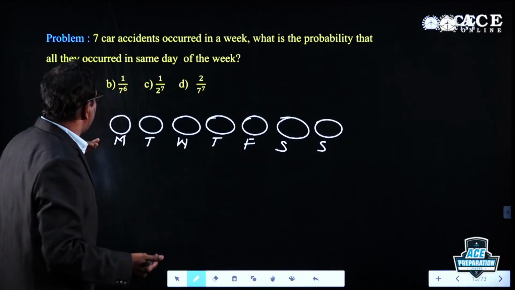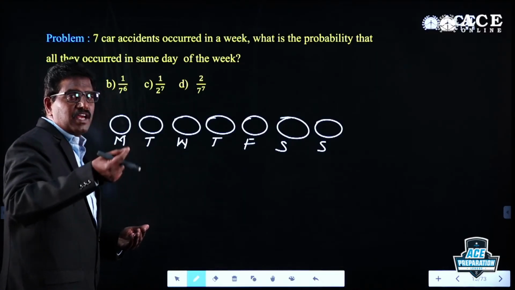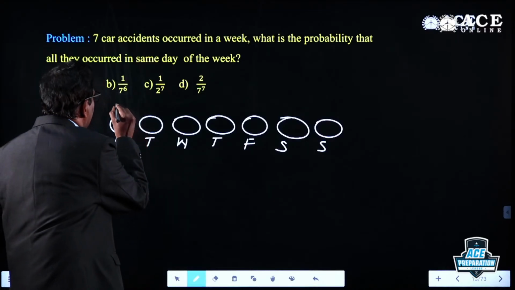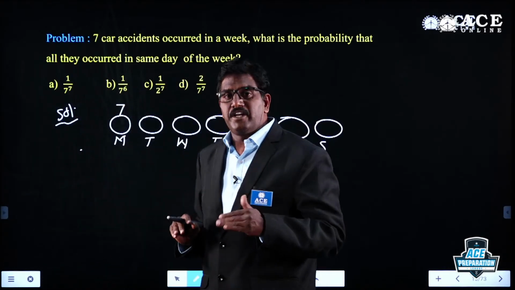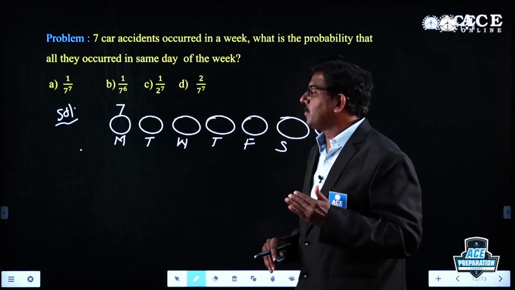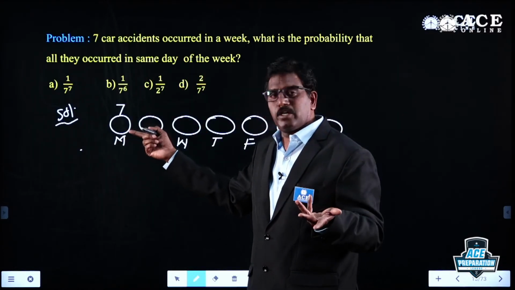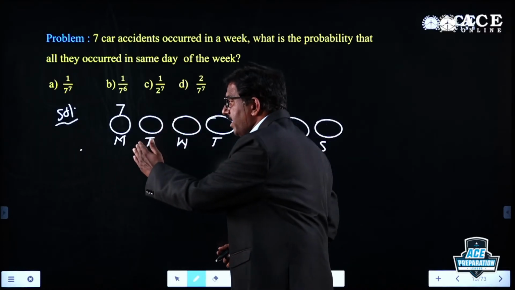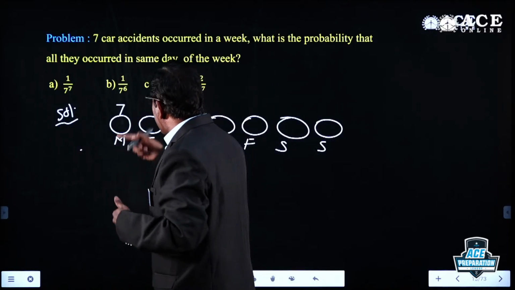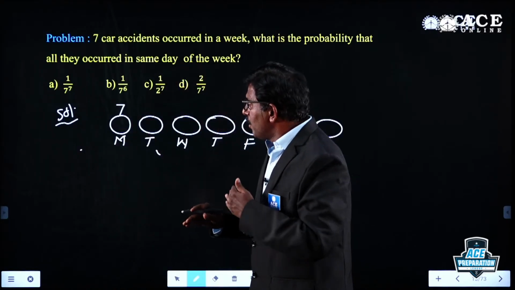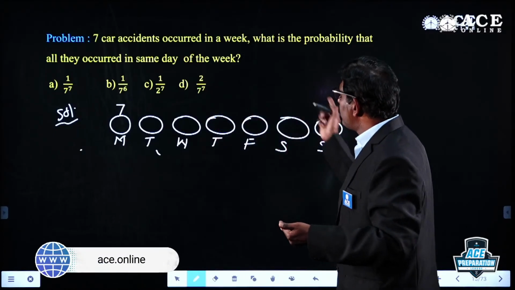Number of possible accidents occurring on Monday: there are 7 possible because 7 car accidents occurred in a week, as given. In the denominator I have to write the total number of possibilities. All 7 car accidents may occur on Monday only, we don't know. That's why for Monday we have 7 possibilities. Even for Tuesday also, and we are following the AND operation here. The possibilities on Monday and the possibilities on Tuesday, because all the days of the week you have to cover.